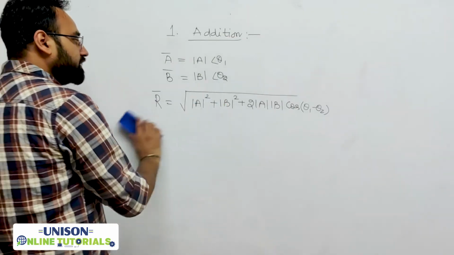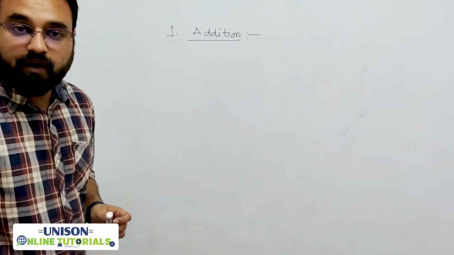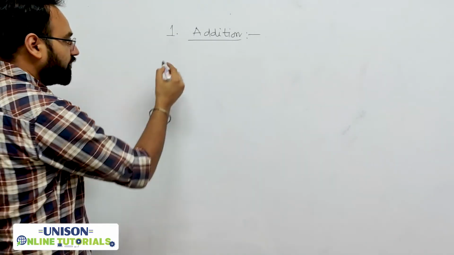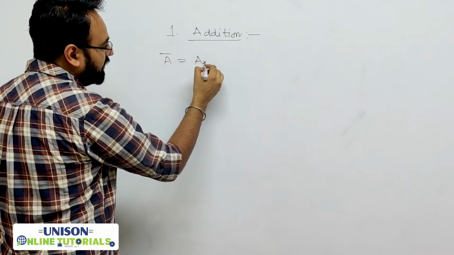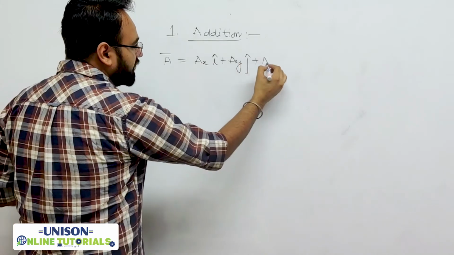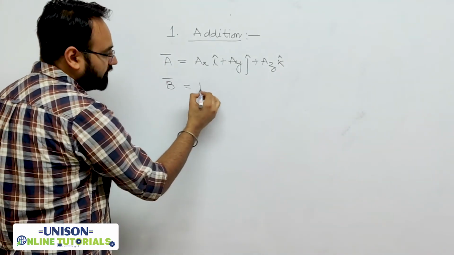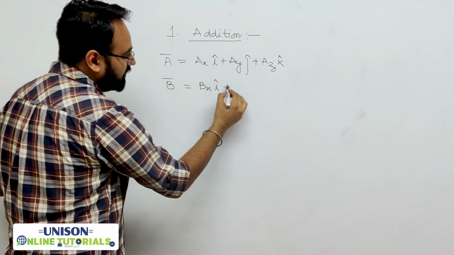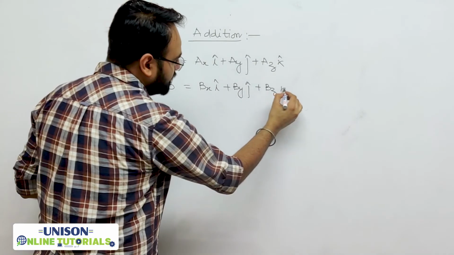And the third method of addition is if these vectors are given in rectangular form. Say vector A is given like this, Ax i cap plus Ay j cap plus Az k cap, and B vector is given as Bx i cap plus By j cap plus Bz k cap.